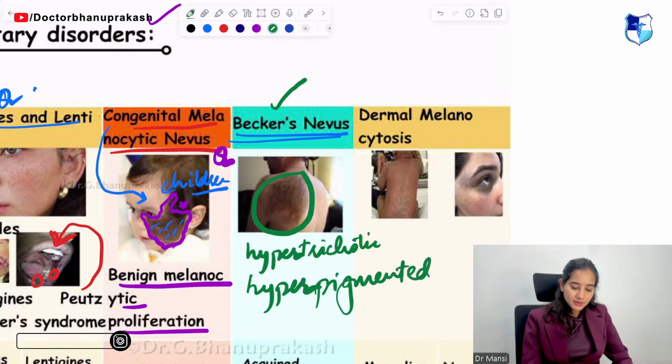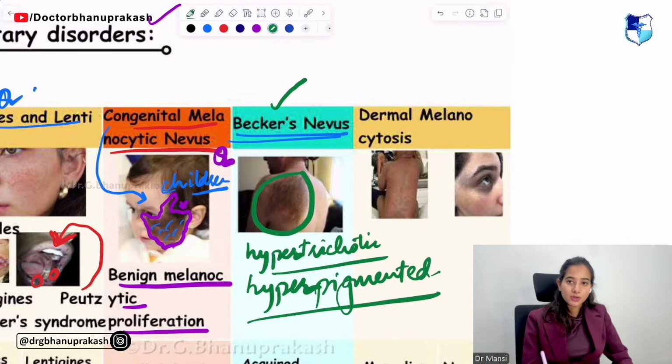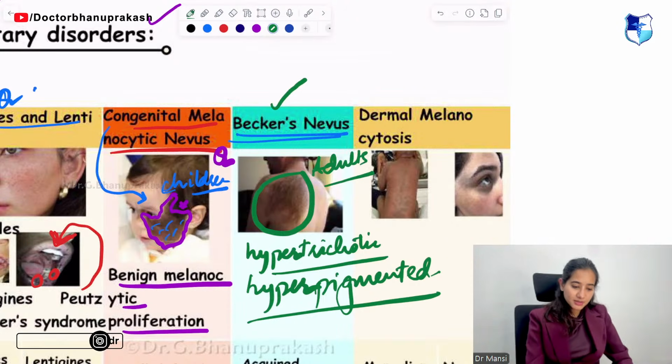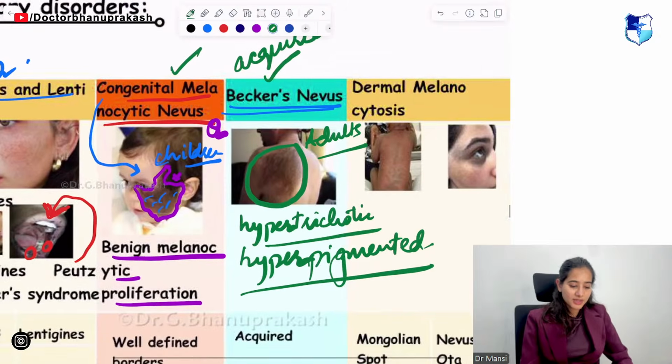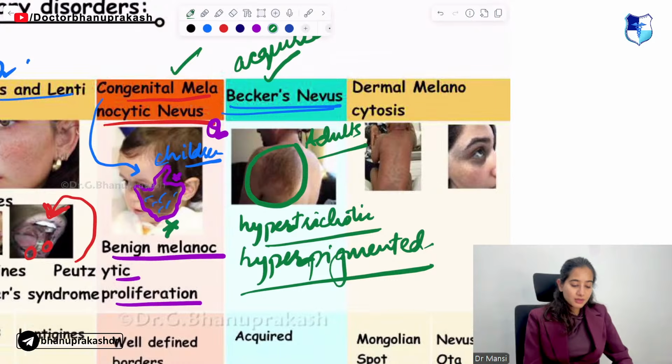But most of the time this is present in adults because this is not congenital. This is acquired. Your congenital melanocytic nevus is also hypertrichotic and hyperpigmented, but it presents in children.